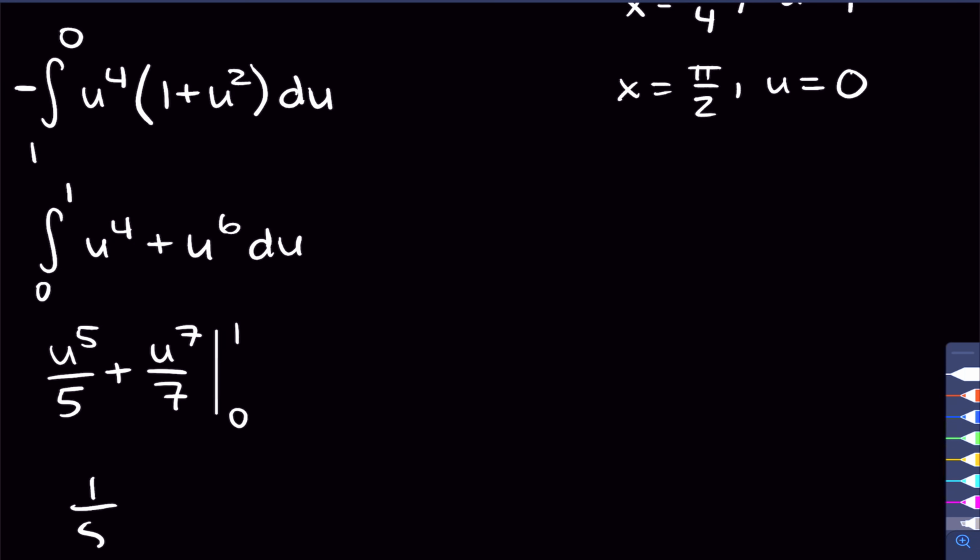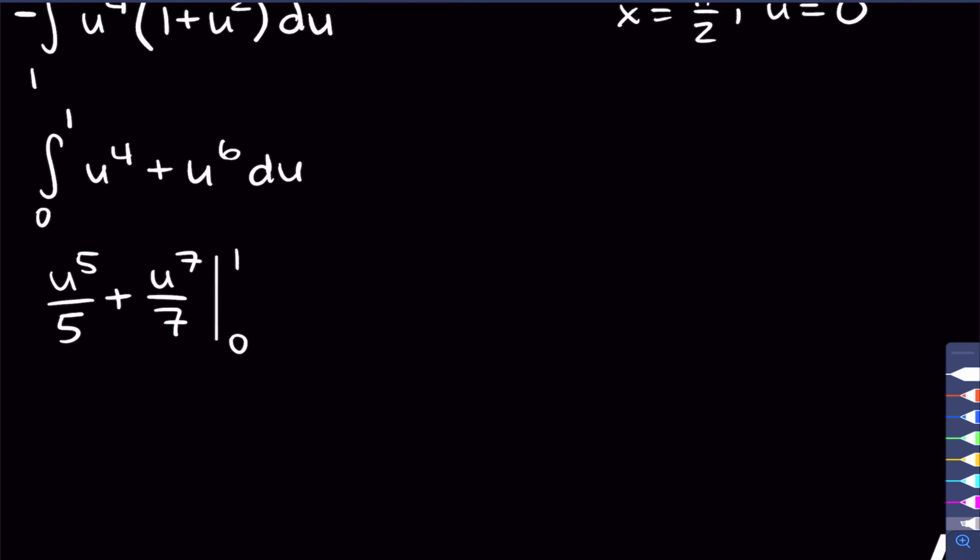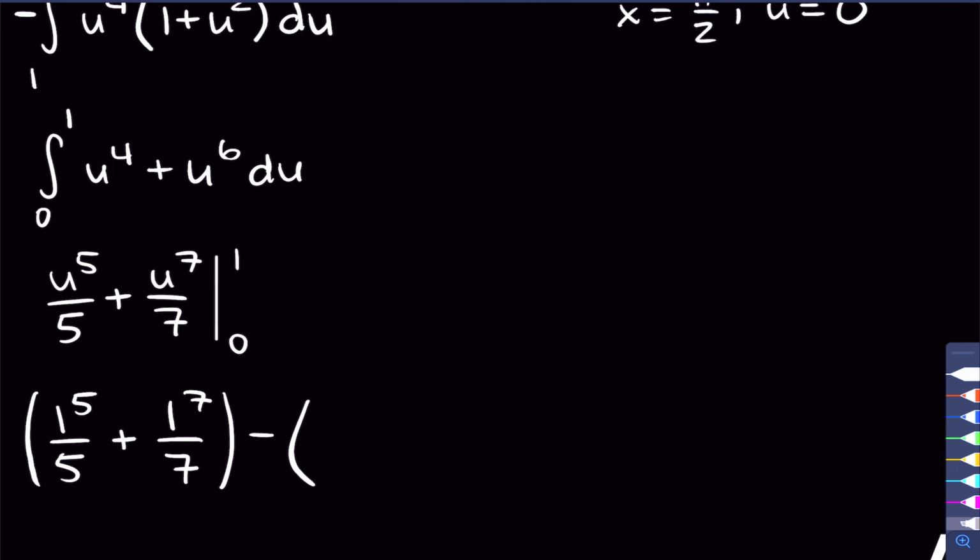And so if you just want to go right away and see that this is 1/5 plus 1/7, feel free. If you're a little confused by that and you want me to show this out, then okay, let's do that. First, let's plug in the 1. That'll give me a 1 to the 5th power over 5 plus 1 to the 7th power over 7. And then I need to plug in 0.